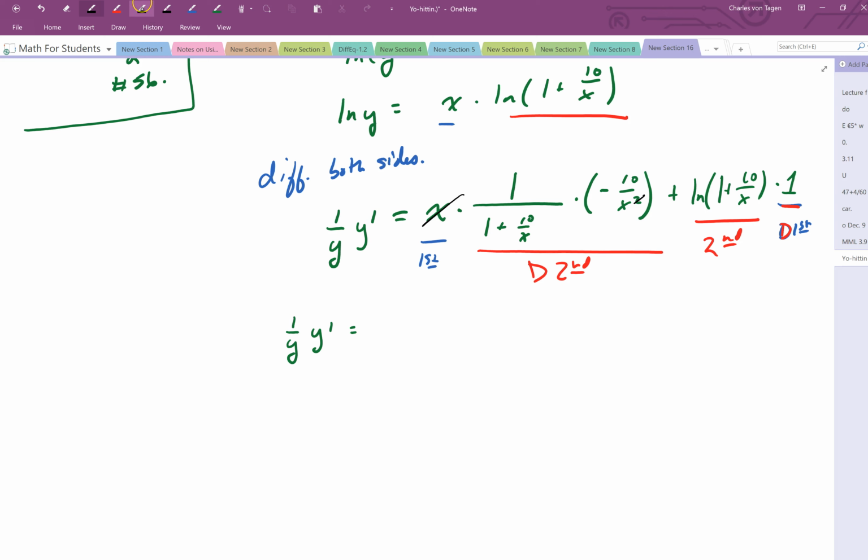So in the numerator, I'll have minus 10 over, and then I'm going to go ahead and distribute this x to both terms in the denominator, which will give me an x plus 10. So again, what I did here was I distributed this x to both terms in the denominator. That's how I ended up with x plus 10 there.